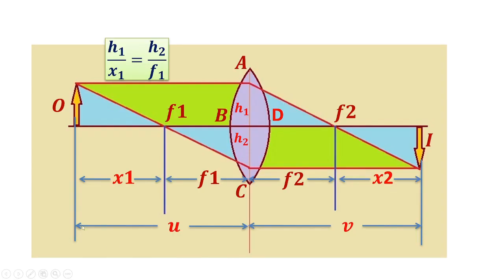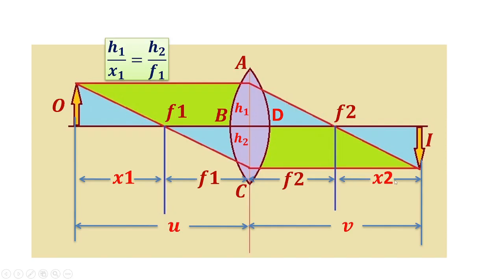Instead of considering distances u and v, that is the object distance and image distance, they are extended from the focal lengths, towards the left hand side x1 and towards the right hand side x2.